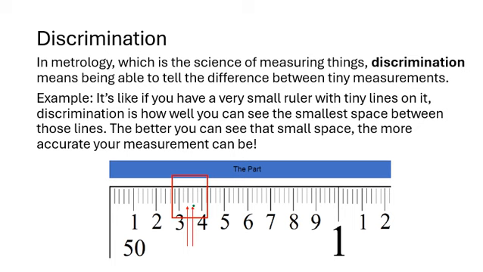So it's a totally different thing. The discrimination is more connected to the hardware, and degree of precision is connected to the hardware and the person who is using the instrument, the person's technique, and also the quality of the hardware itself.